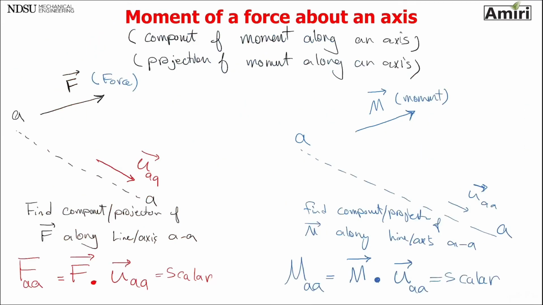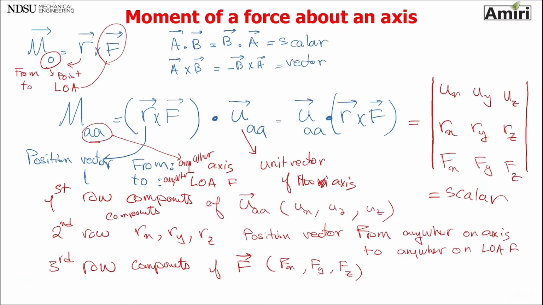It makes sense. Moment of a force about an axis is a scalar, a magnitude, a component, a projection; they are the same thing. And it results in a scalar because it's the dot product of two vectors. So this makes sense now.